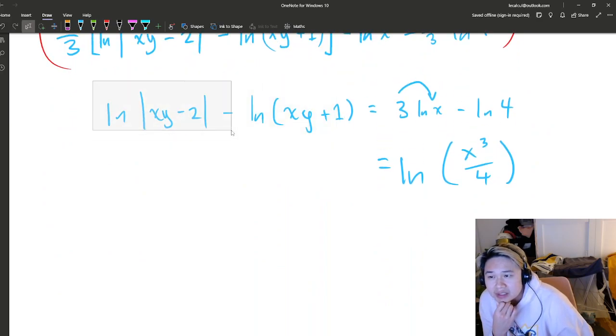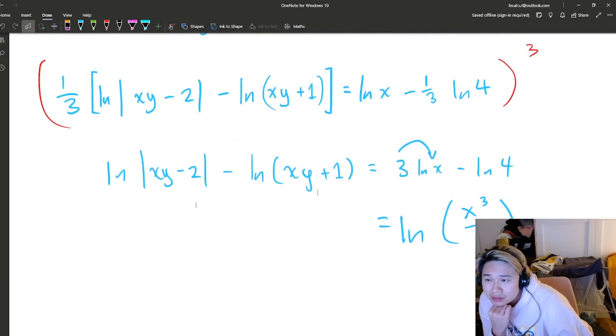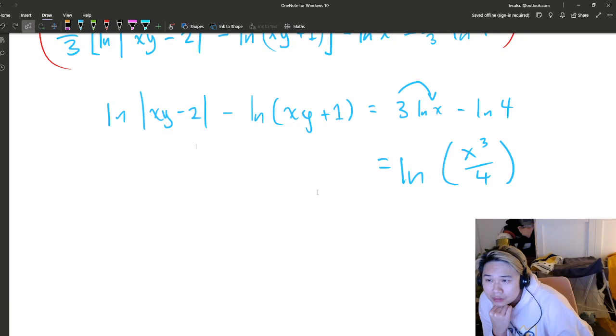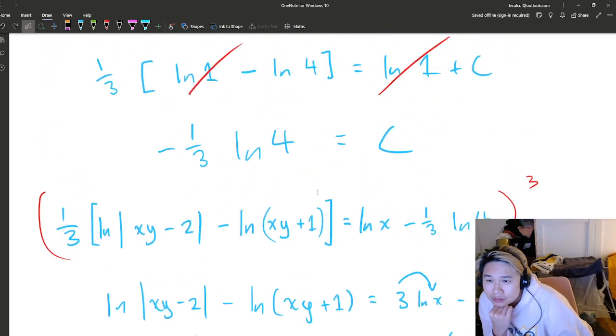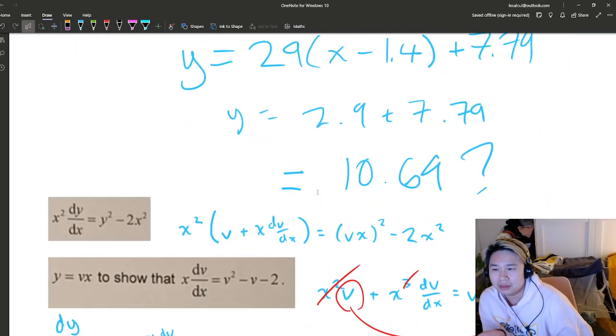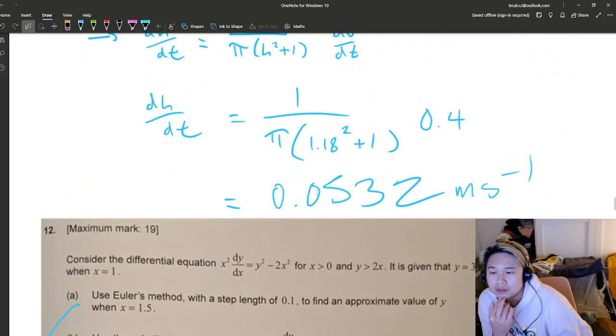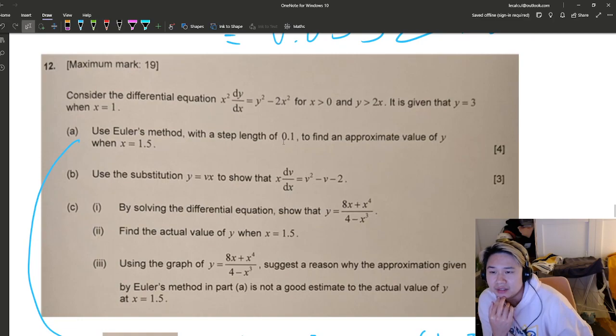And then this is the thing that's bugging me, is that I don't know if I can just drop these, because it's not always going to be positive, given these conditions that they give us.